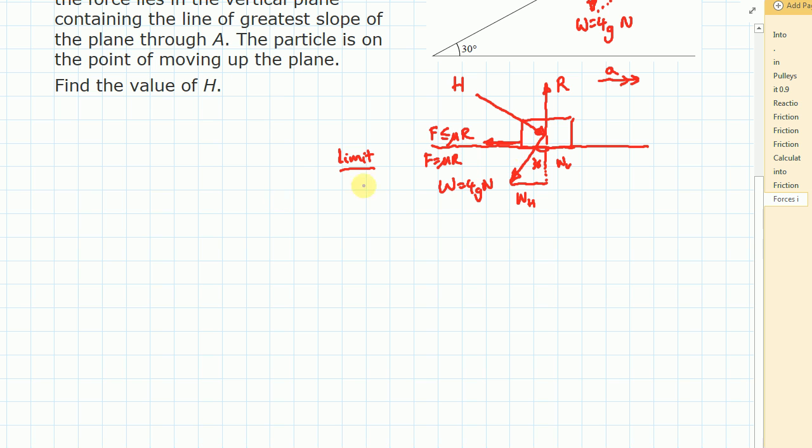So let's put our equation vertically first, and it's a vertical resolution. So we're going to resolve our equation vertically. I'm going to say positive is up. We've got an awkward thing here that H has a 30 degree angle on it as well. So there's no motion, so we get 0.